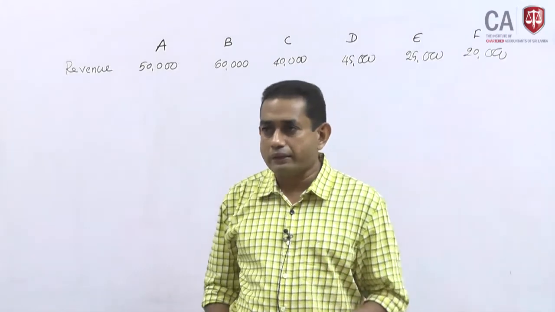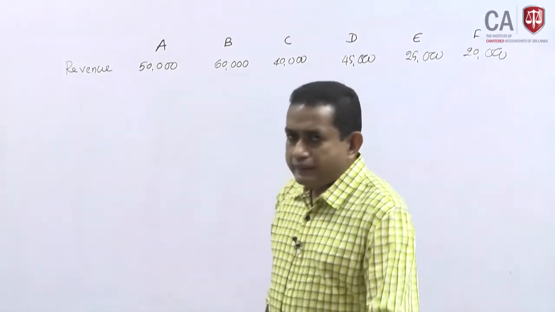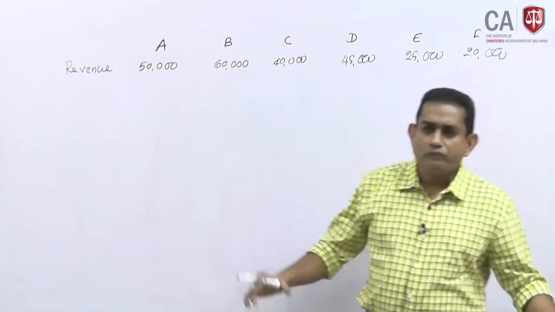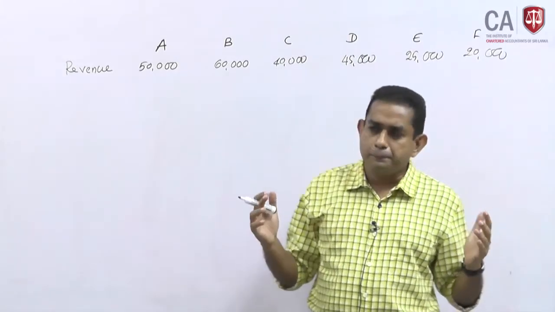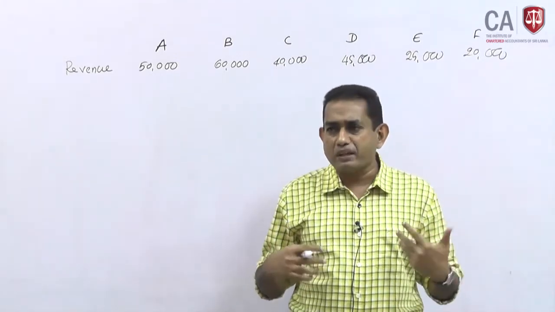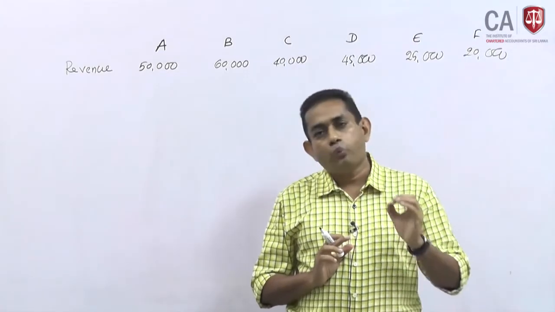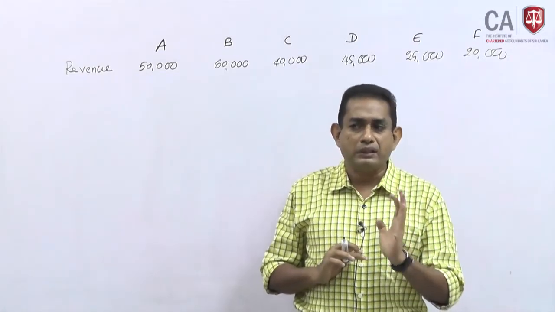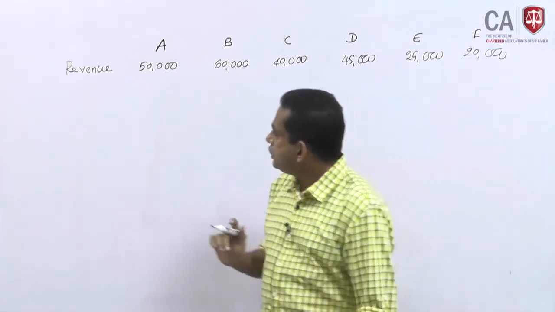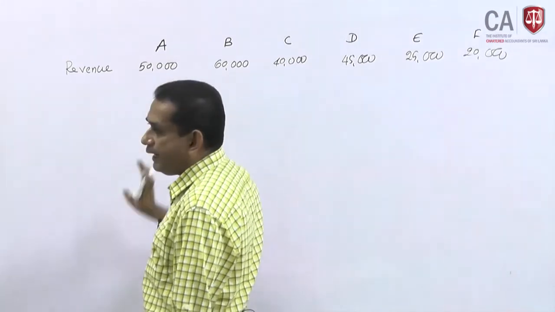Now, as I said before, the segment that became a reportable segment can have revenue which includes intersegmental revenue as well. So, what is the revenue of segment A? 50,000.